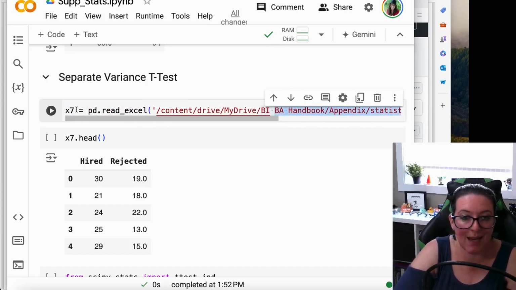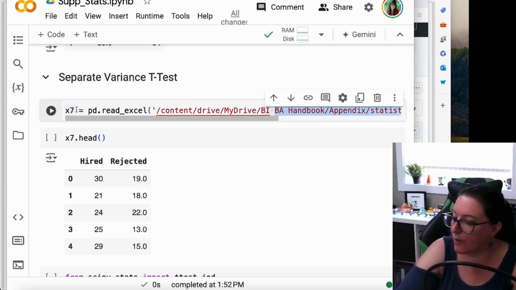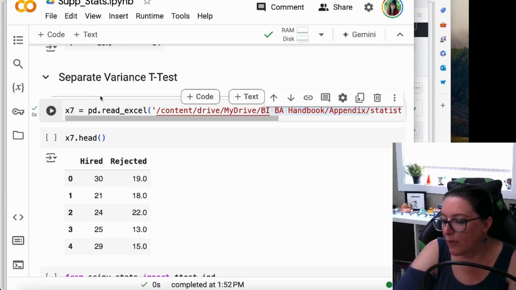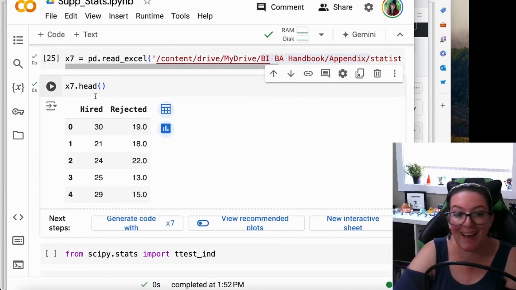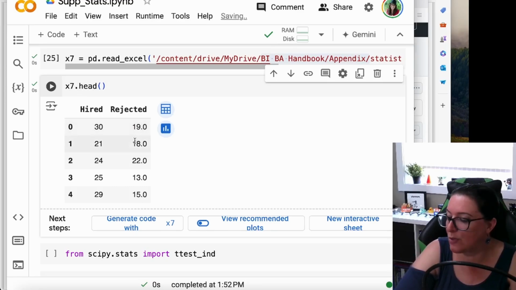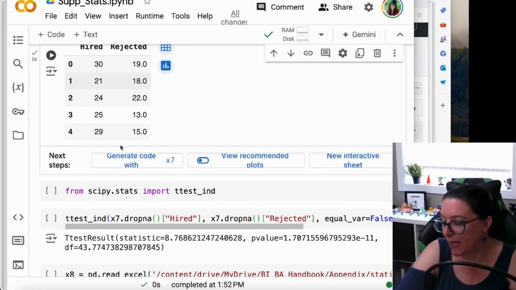And I've named this data set X7, call it whatever you want. We'll take a look at the data set by using the command head. So we're applying head to data set X7. You see the first 5 rows. So we get those who are hired and those who are rejected.